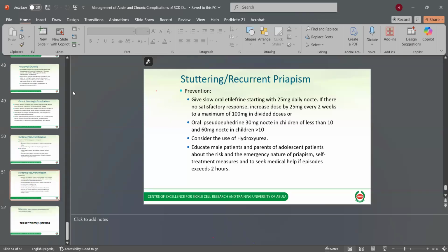Gene therapy is a technology that you use to modify or to correct that mutation that occurred, and the patient will begin to produce normal hemoglobin AA red cells. So that is about the cure. Those are the modalities that you can use for cure.